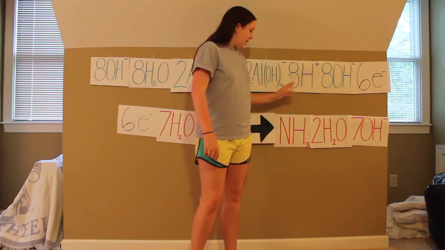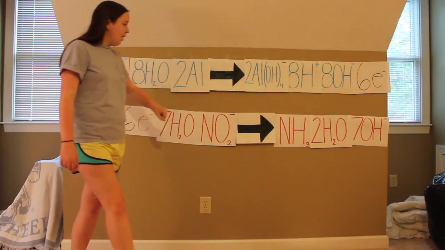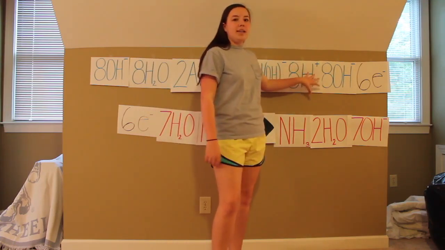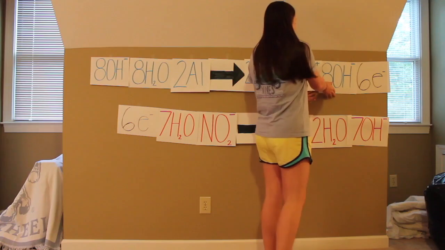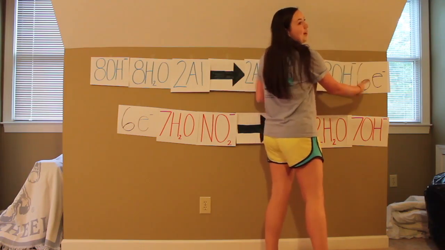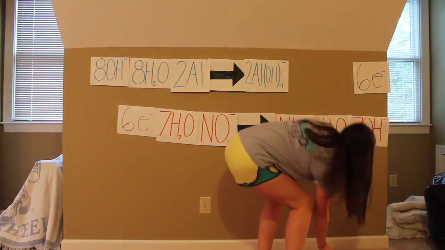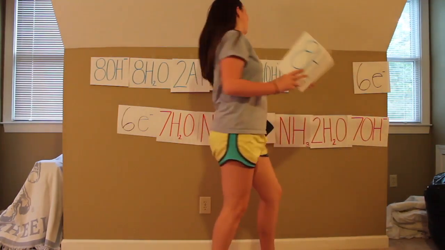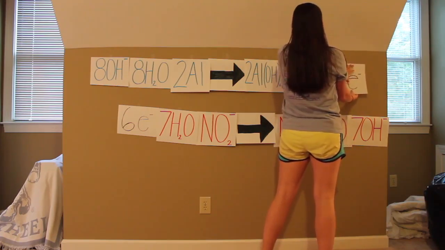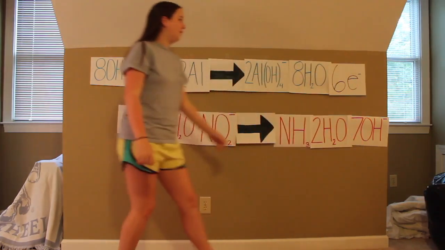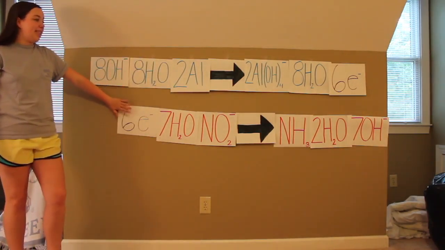Now here, as we did below, we can add the 8H plus and 8OH minus to combine 8H2O, like this. Shift everything over. So everything is simplified. So now we need to add the two half reactions together.